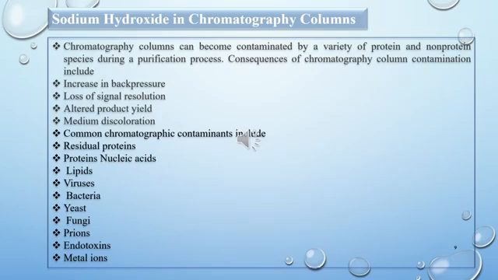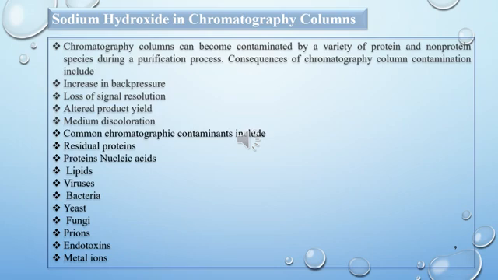As I have said earlier, there are two kinds of contaminants: one is protein and the second is non-protein. Now we are going to discuss some common contaminants in chromatography. Here the first ones are residual proteins, nucleic acids, lipids, viruses, bacteria, yeast, fungi, prions, endotoxin, and metal ions.